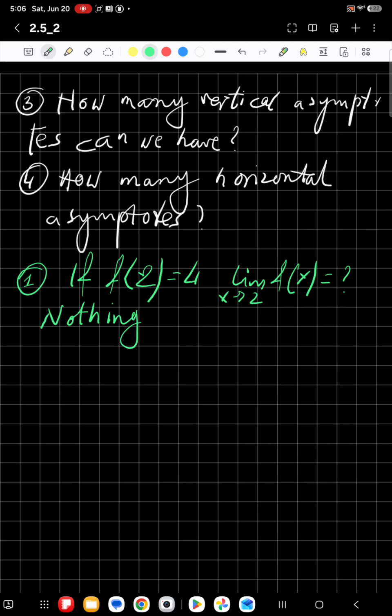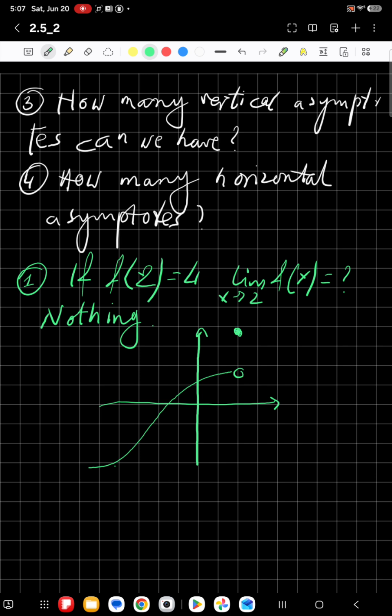Well, why is that? Well, imagine that we have some function. Let's say here's the graph of it. So it goes like this maybe, but then as we get to 2, I know that f of 2 is 4.